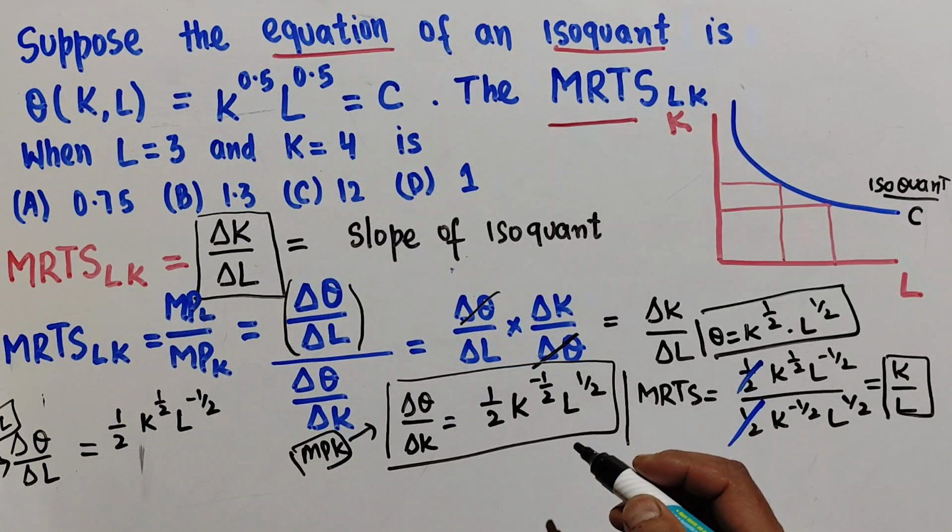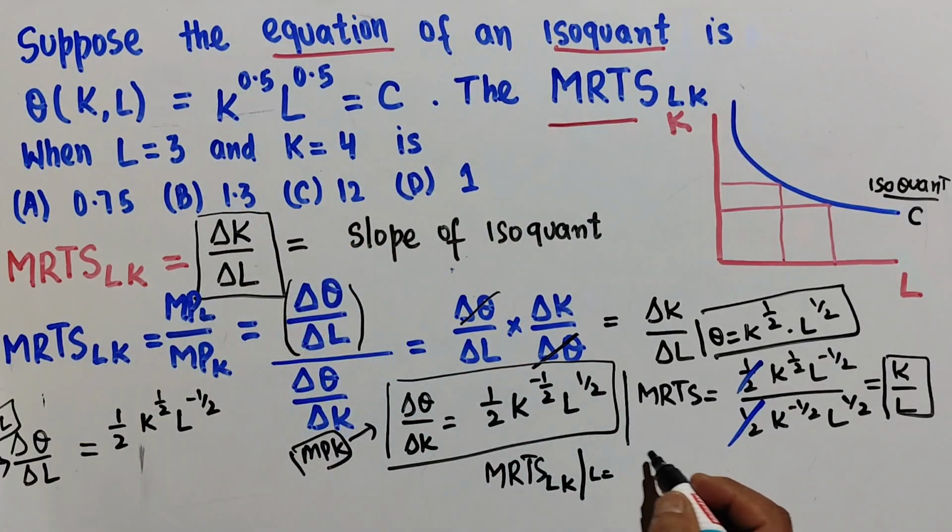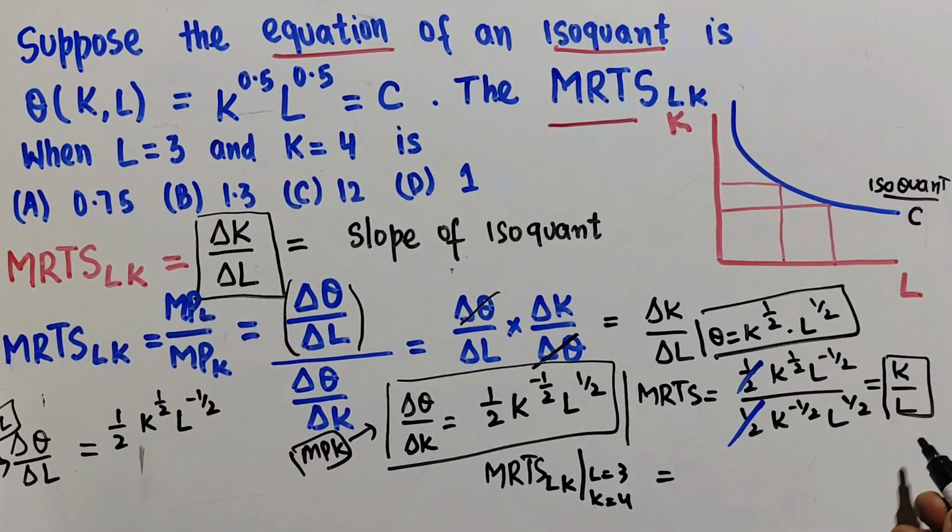Now we need to find out MRTS for labor and capital when L is equal to 3 and K is equal to 4. Let's plug the values of K and L here.